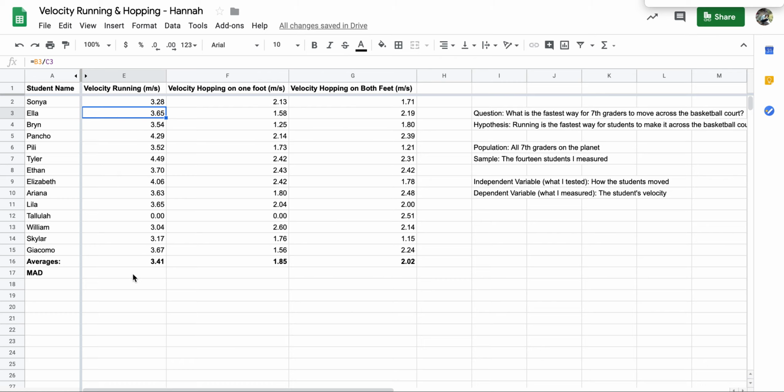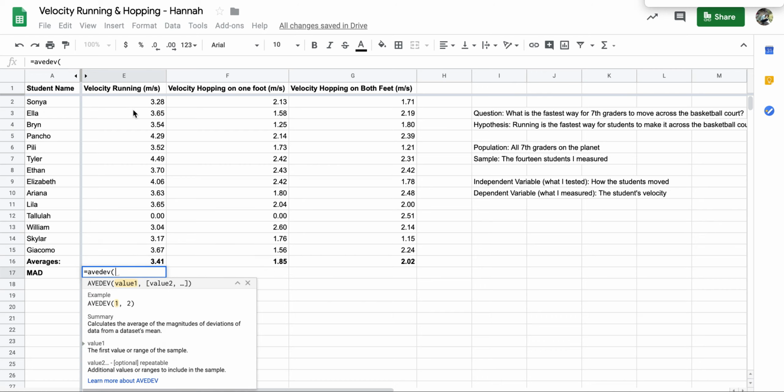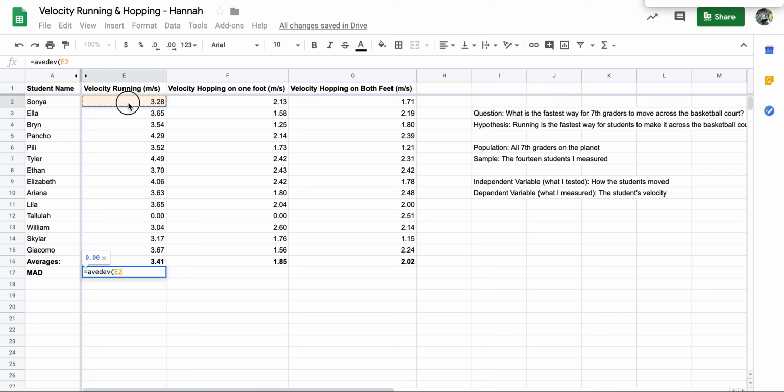That can be a little bit tedious to calculate by hand, so instead I'm going to use the spreadsheet formula to do this. The spreadsheet formula for calculating mean absolute deviation is equal sign, AVEDEV for average deviation, because I'm calculating the average of my deviations, and then open parentheses, click on my first data point, hold that cursor down, highlight all my data.